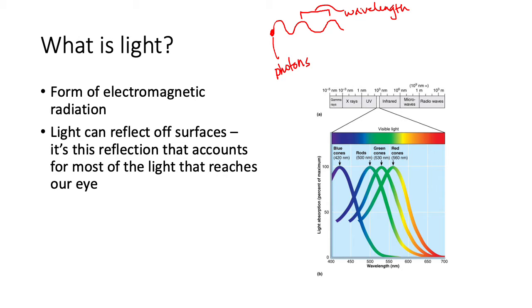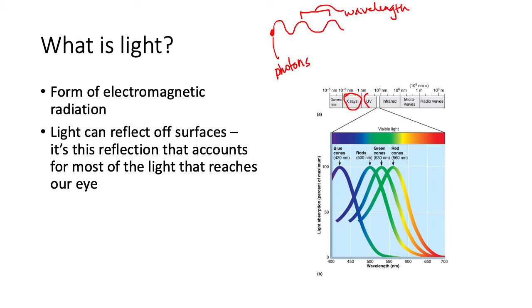And there are a lot of different types of electromagnetic radiation, as shown by this figure here on the right. For instance, things like x-rays, which are used if you break a bone, or when you go to the dentist once a year, they usually take an x-ray of your teeth.